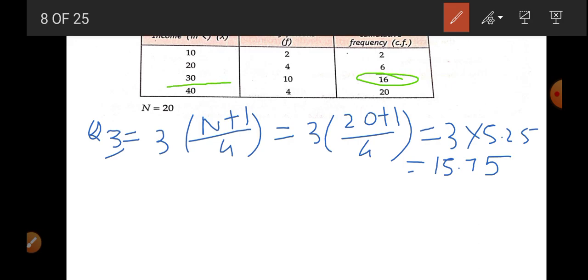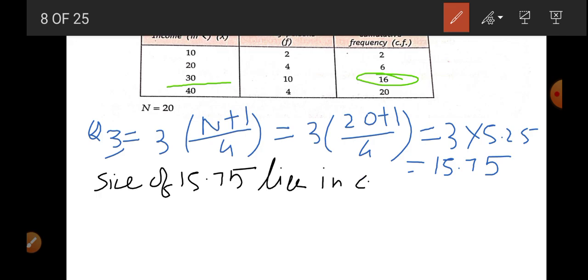This 15.75 lies in CF 16, and in front of it what is the x value given? 30. So in this way we will write here: size of 15.75 lies in CF 16. So Q3 is equal to 30.